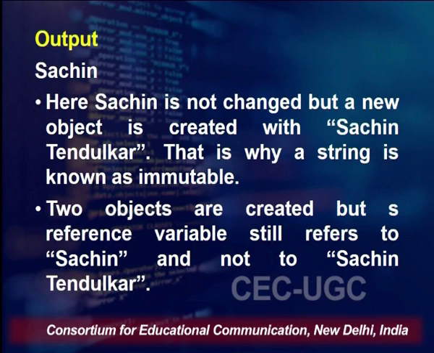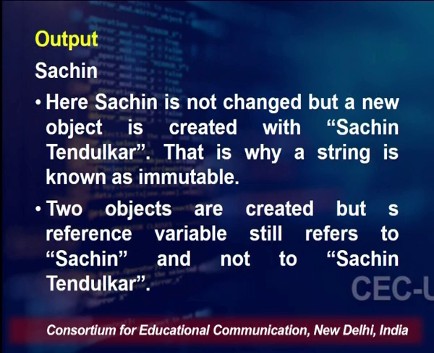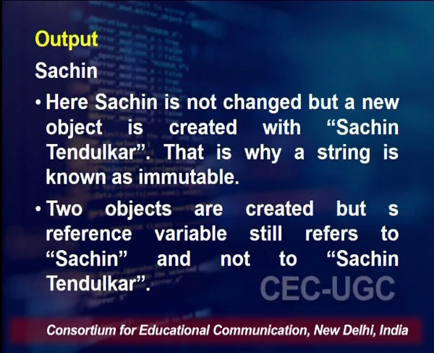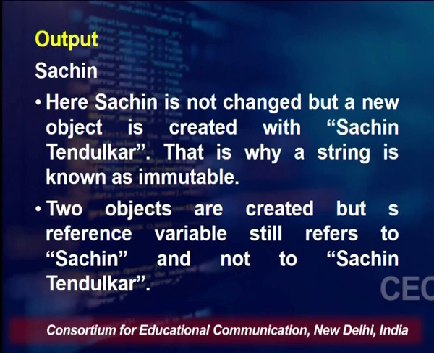When you print s, it will print Sachin, and it is not going to give you any kind of syntax error. Why? Because there are two objects being created, but it depends on the programmer which particular object you want to refer.